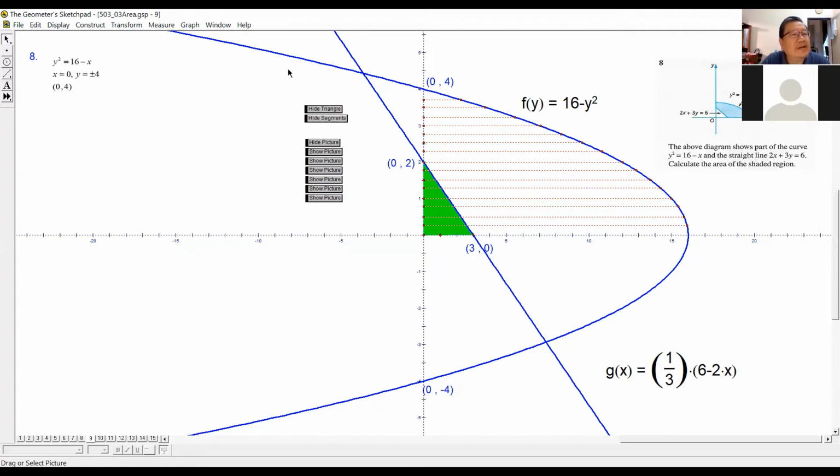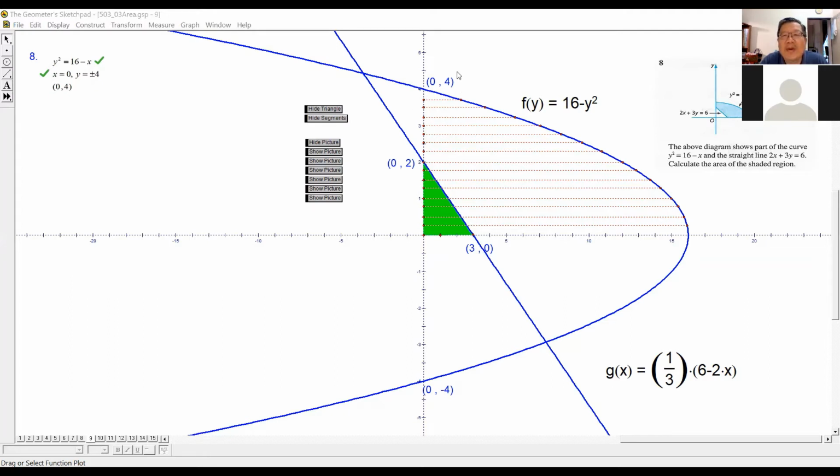So this one is the equation of the curve, and x equals to 0 is the y-axis. When you substitute x equals to 0 into the equation of the curve, you have y equals to plus or minus 4. Now why are there 2 points?